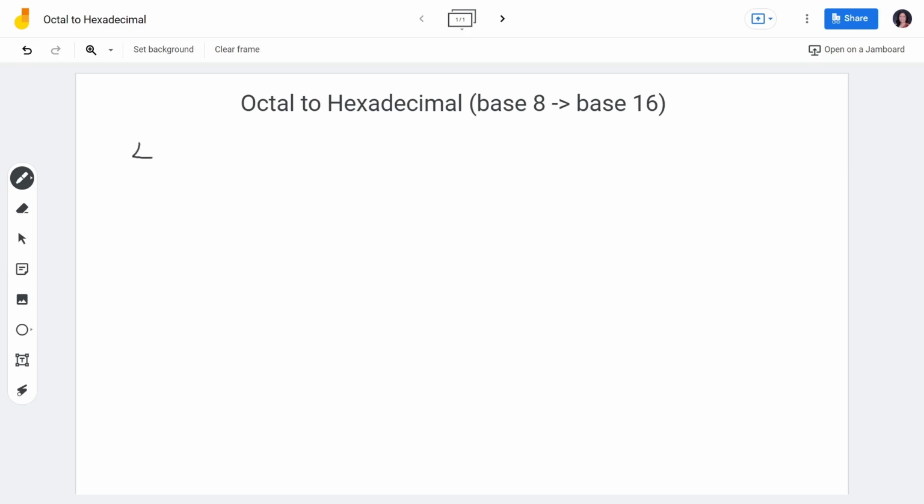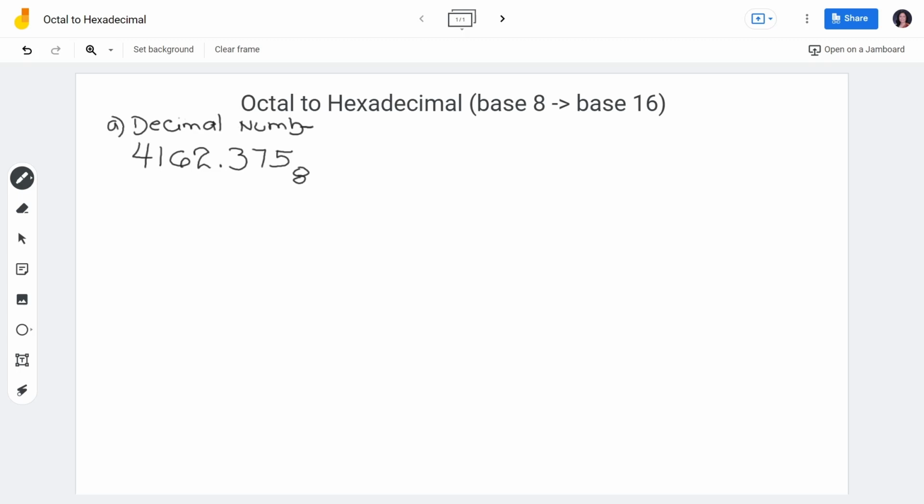So we have 4162.375 base 8, so that we can distinguish that this is an octal number. And the first thing we're going to do is go through the decimal number system.